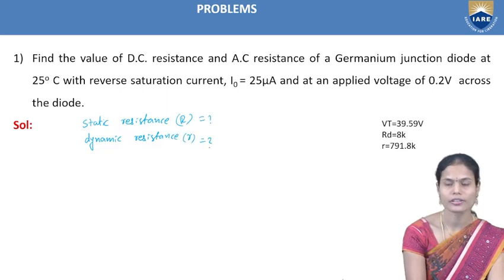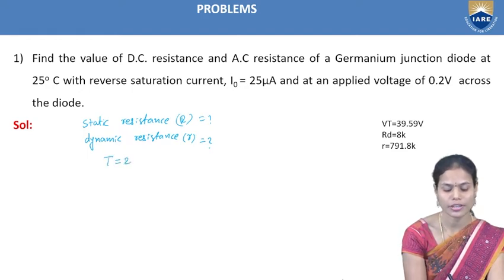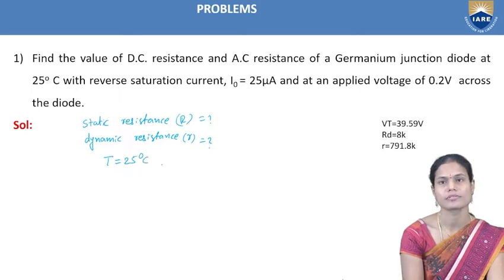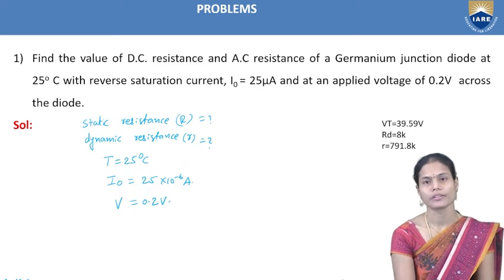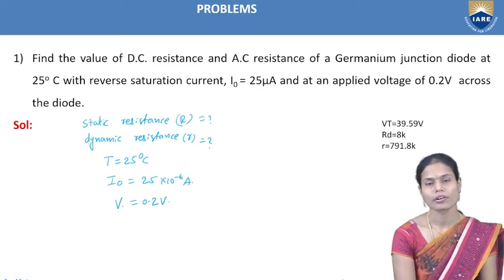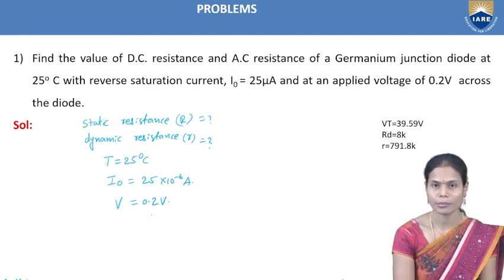So we need to calculate these two values. The given temperature is 25 degrees Celsius, the reverse saturation current is I0 equal to 25 into 10 power minus 6 amperes, that is microamperes, and the applied voltage V equal to 0.2 volts. With the given temperature, I0 and V values, we have to calculate the static and dynamic resistances.